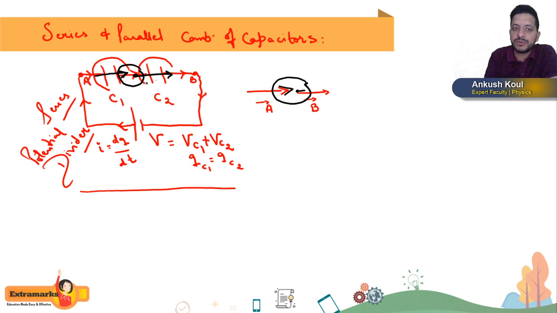Then these two capacitors are called what combination, beta? Series combination. Understood?